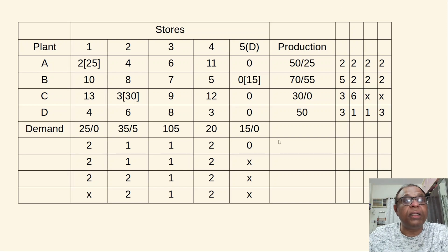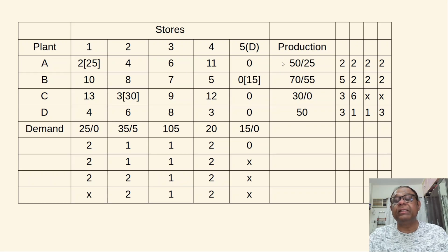Now, if you calculate the penalty for column number 2, this is going to be 6 minus 4, that makes it 2. For column number 3, it is going to be 7 minus 6, which makes it 1. And in the case of column number 4, it is 5 minus 3, that makes it 2.